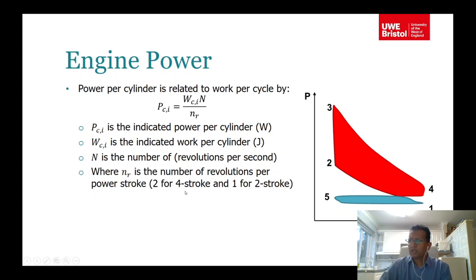Okay. So capital N is the number of revolutions per second. In here nr is the number of revolutions per stroke. So it is 2 for 4-stroke, and 1 for 2-stroke. Okay.